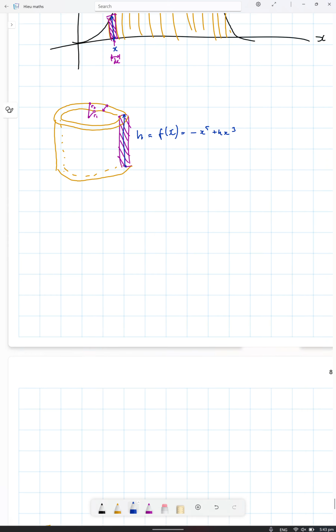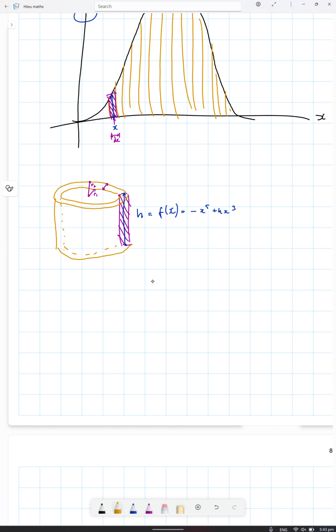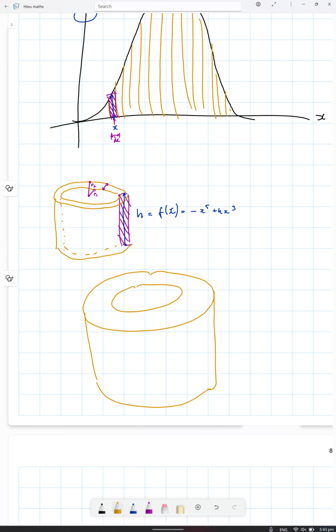So let me make this cylinder super big so I can show you guys. If we have a cylinder like this, and let's say this was our original rectangle, we work in the plane of this rectangle. Let's say this point here is x.